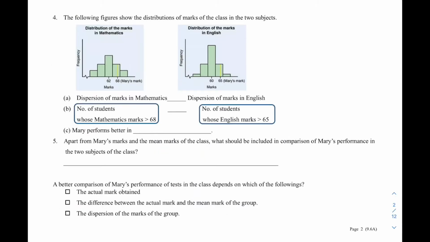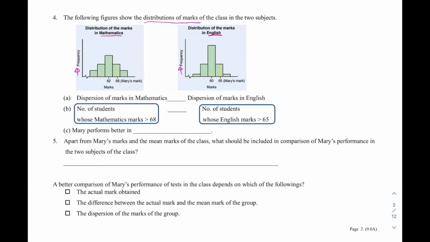Question 4. Here, you are further given the distributions of marks of the class in the 2 subjects, Maths and English. From this figure, you can see the vertical axis is frequency. That means the number of students who got the marks in the class interval.